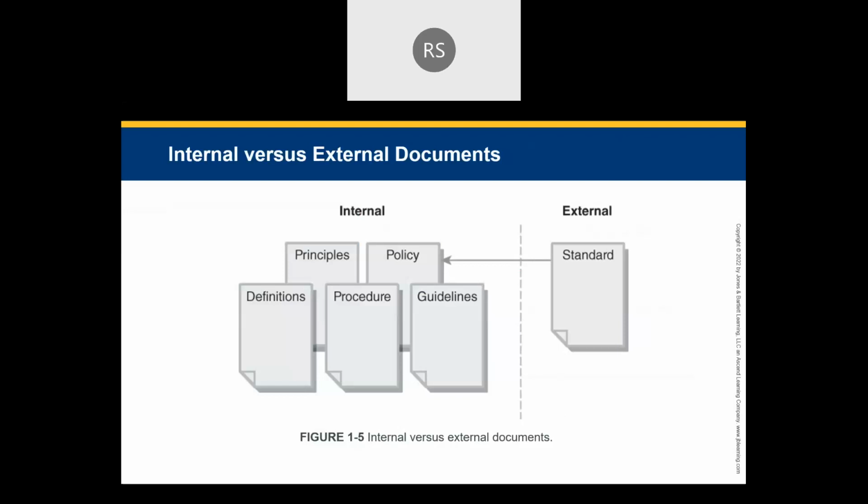Now, a policy, for example, is an internal document that gives the outlines and guidelines, rules, and processes employees must follow within the organization. External documents, on the other hand, are created for communications with external entities. That's something that exists outside of the organization, maybe an external stakeholder, such as clients, customers, suppliers.